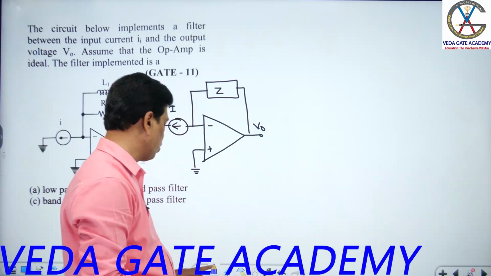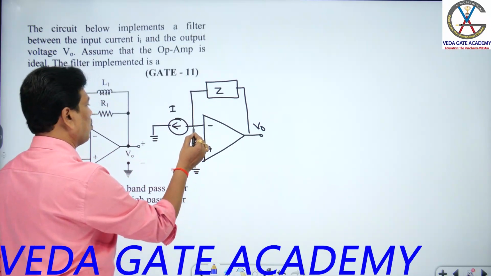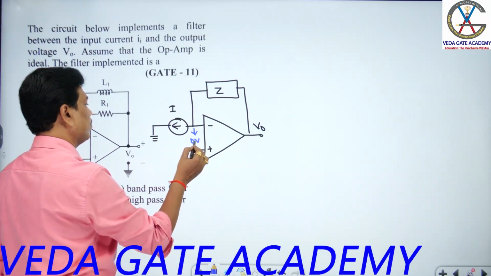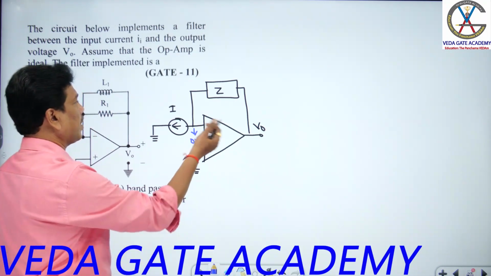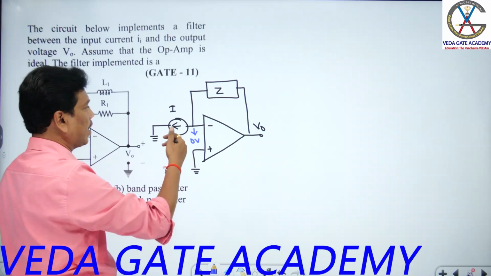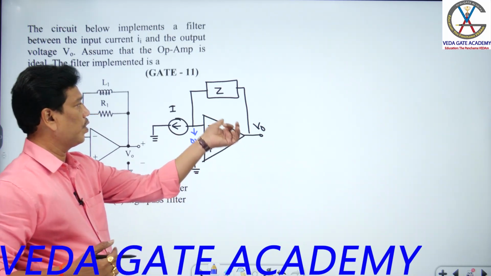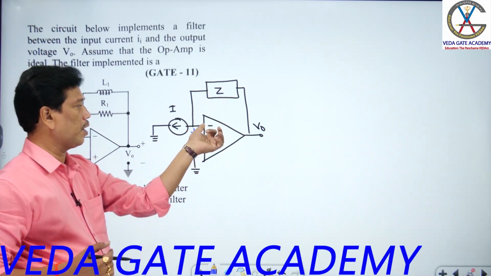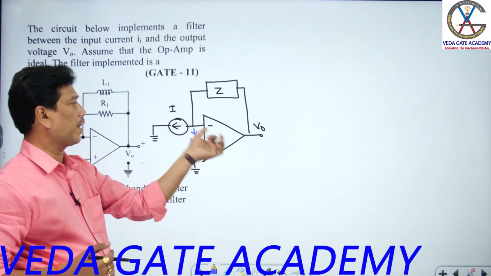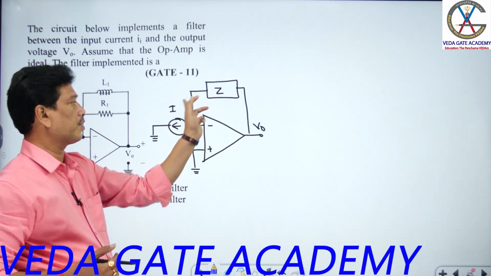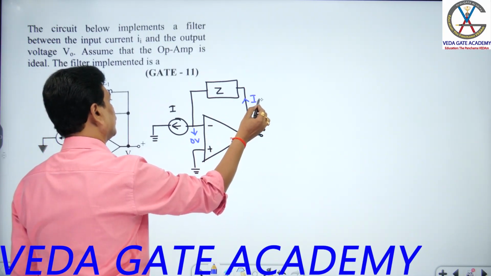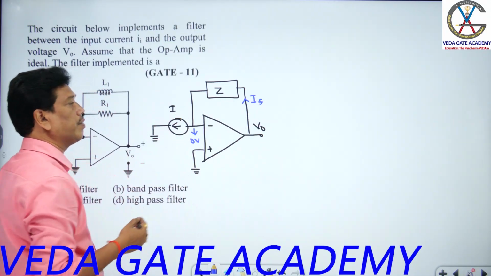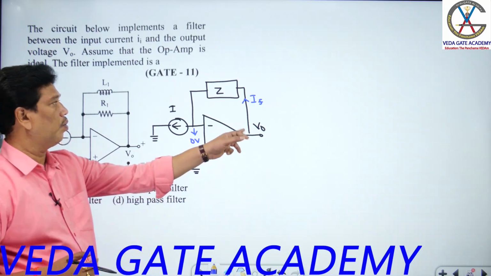Now, what will I do, sir? Using virtual ground, this node voltage is 0. First, now I can get the condition for current, sir. No current passes between the input terminals of the op amp, so the supply current I is the same as the feedback current, which I consider IF. IF must be equal to I there. What is that IF, sir?